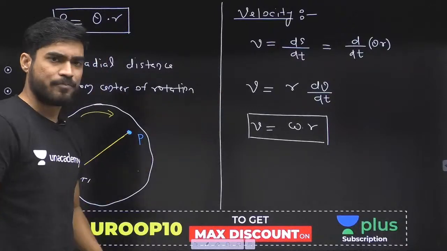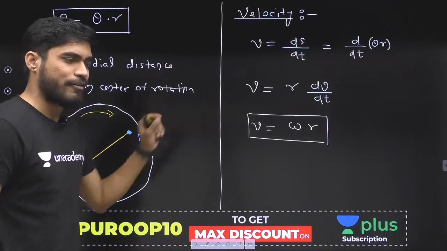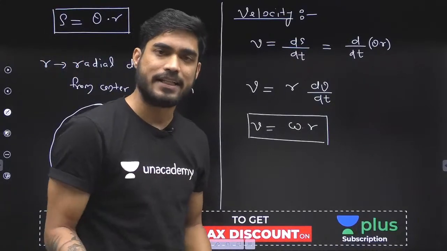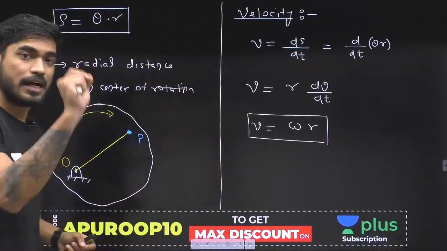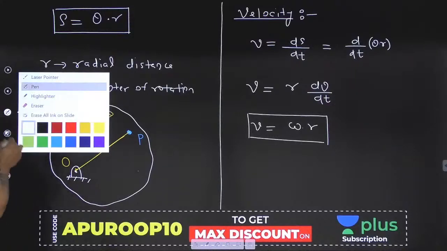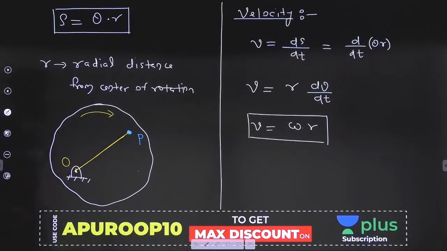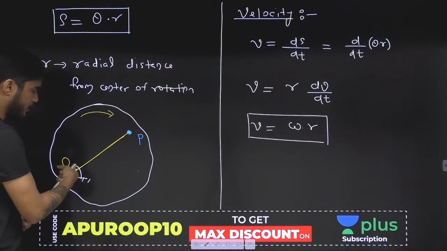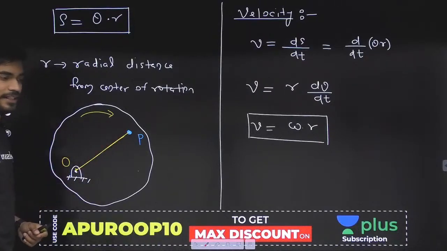Okay. Now beta, there must be some direction of velocity, because velocity is a vector quantity. So what will be the direction? Understand it. Let's say I need to find the velocity at point P. So I will join point P to point O using a straight line.